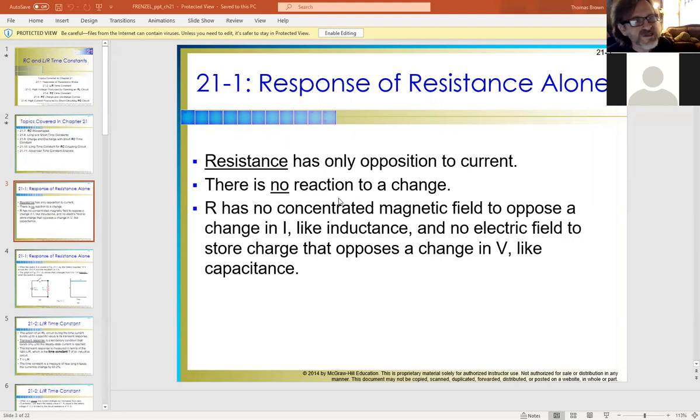Just like in DC, essentially we pass a current through it, it develops a voltage, whether it's DC or AC. We don't get a magnetic field going on, like in the case of an inductor. We don't get a charge buildup or anything like that, like in the case of a capacitor. So it does not oppose either voltage or current.